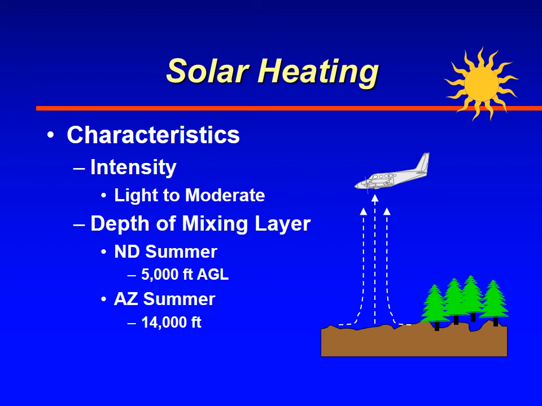The depth of the convective turbulence, of course, depends upon the temperature profile of the atmosphere, but across the central plains of the United States, you'll usually see the height of the convective or mixed layer go up to about 5,000 feet. However, over mountainous terrain like Colorado or Arizona, you'll see the layer of convective turbulence go up to 14,000, 15,000 feet because you're starting at a much higher elevation already.